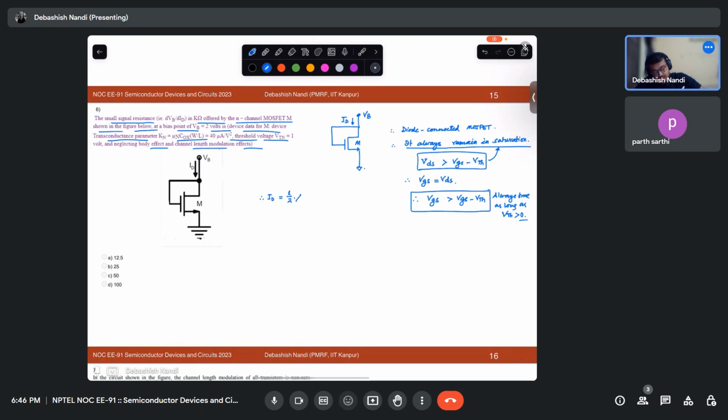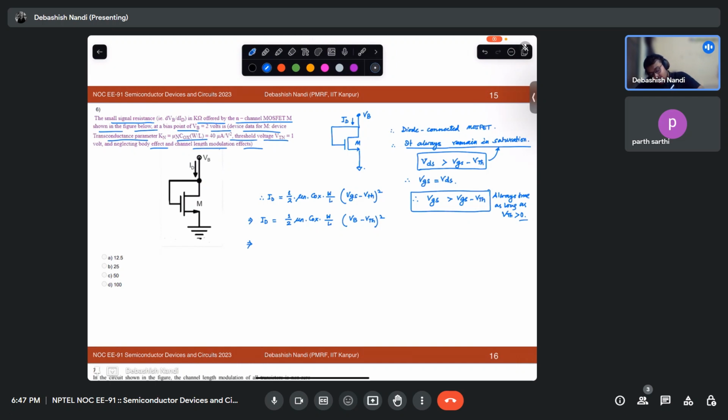Half mu n Cox W over L times VGS minus VTH whole square, isn't it? So what is your ID? 1 over 2 mu n Cox W over L. What is VGS? VGS is nothing but VB, so it is VB minus VTH whole square.